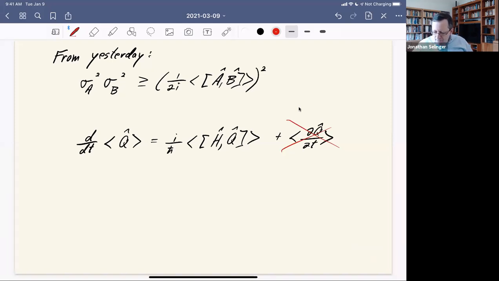now, both of these things are related to commutators. And so you might wonder, what would happen if you put them together?